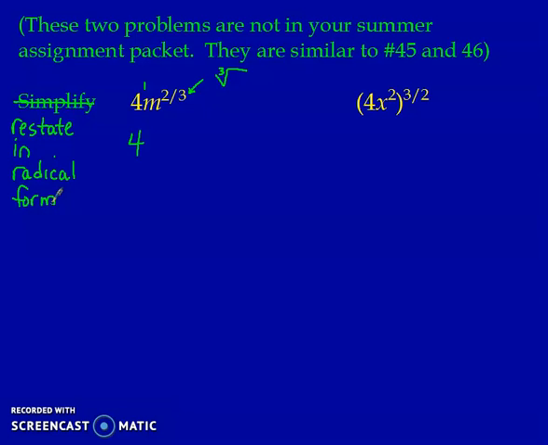So this becomes the radical, and so that m goes under a cube root, and it becomes squared, so we can tuck that squared in here, and we're done. Another way to handle this would be, again, the 4 is unchanged by that exponent. We could put our square outside the radical. Either way is okay.